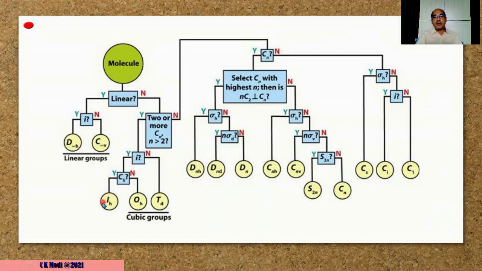A molecule having icosahedral point group has 120 different operations.